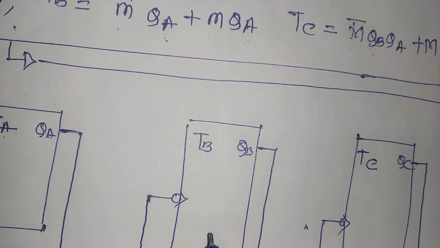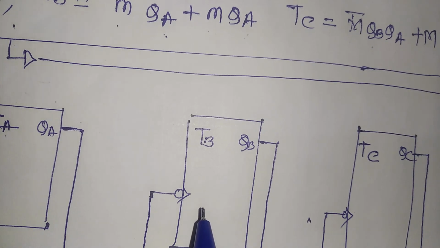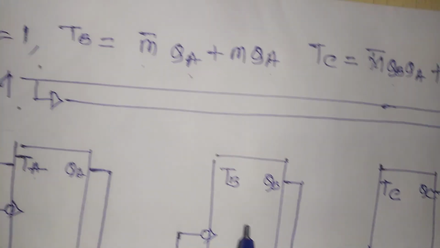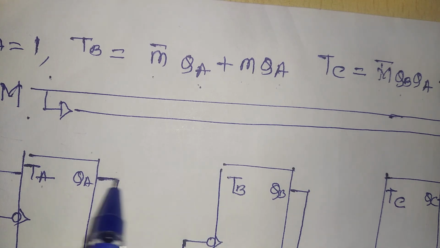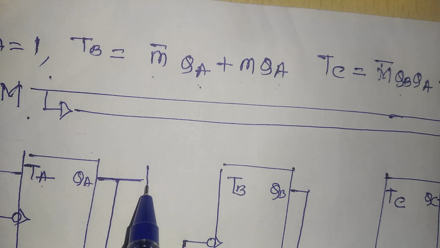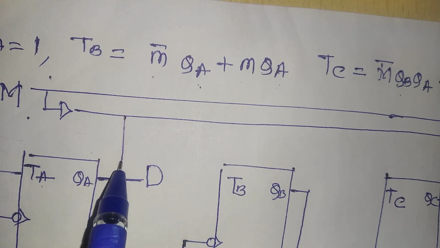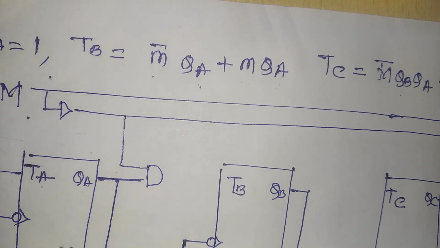Now, see for TB, our equation is M bar QA. So, this is the QA and this is the M bar. An OR gate is used.